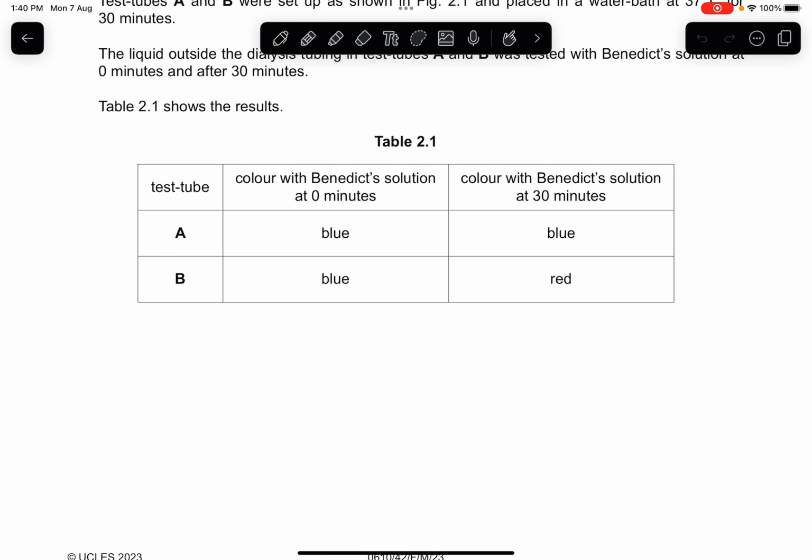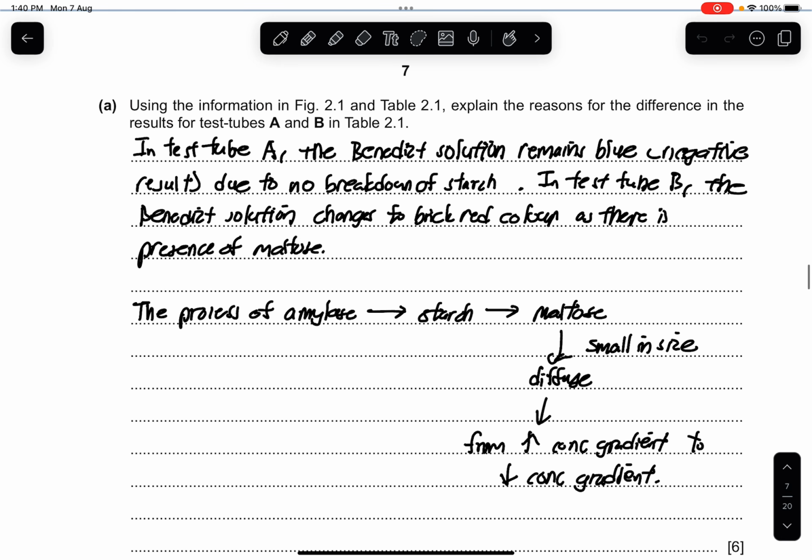So if you know your food test, red is the positive result for Benedict's solution. And the process is that amylase breaks down starch into simple sugars and then into maltose. Because maltose is much smaller in size, it is able to diffuse from a higher concentration to a lower concentration.